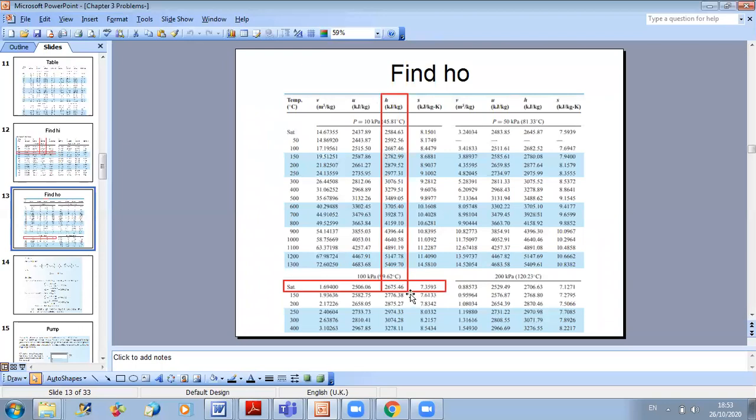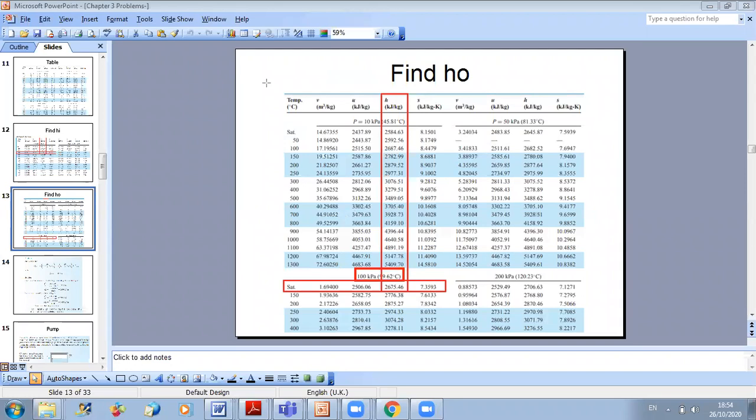As you can see here, for 0.1 megapascal, which corresponds to 100 kilopascal, you can read the value of saturation, because what is the value of saturation? It's equal to Hg.